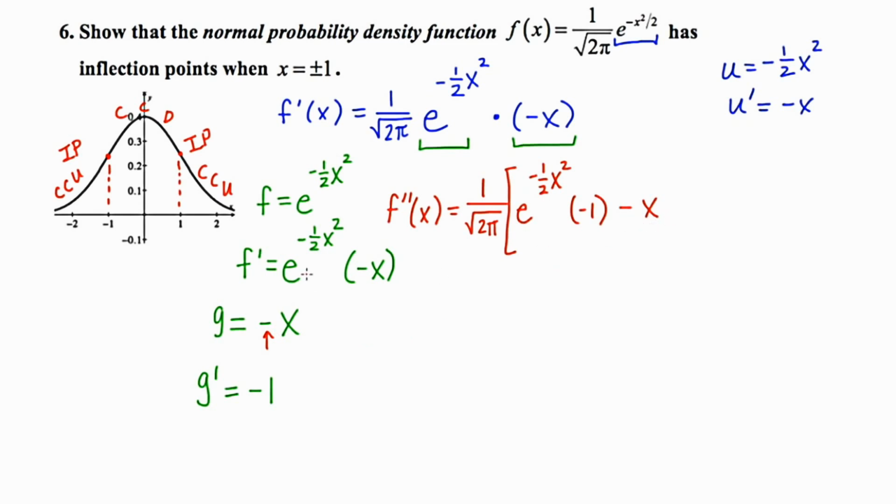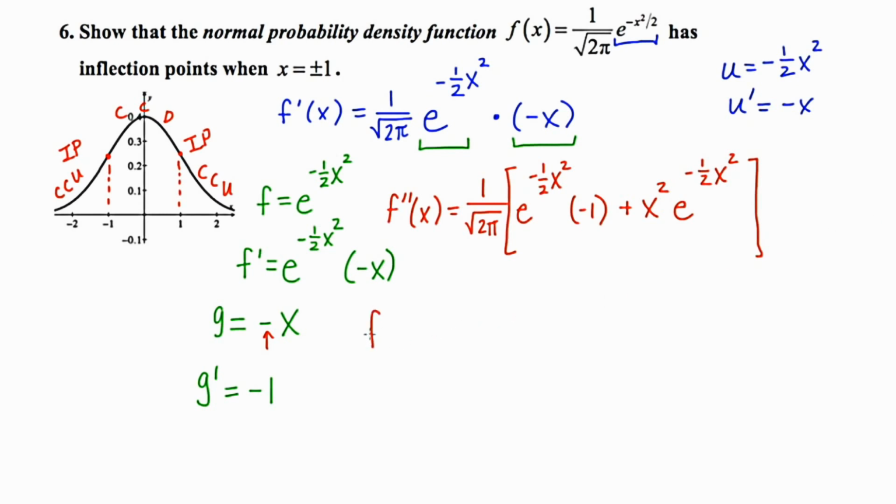Now the derivative of the first also has a minus in it, so that's going to make that a plus. And it introduces another x, so I'm going to say x squared and then e to the negative 1/2 x squared. Definitely a lot going on here, so if you're feeling overwhelmed, you're probably not alone.